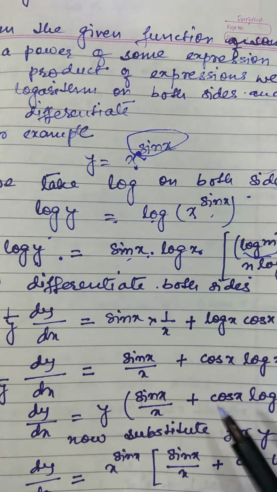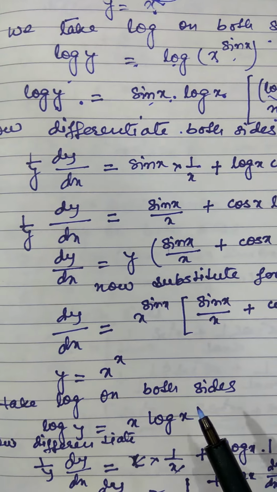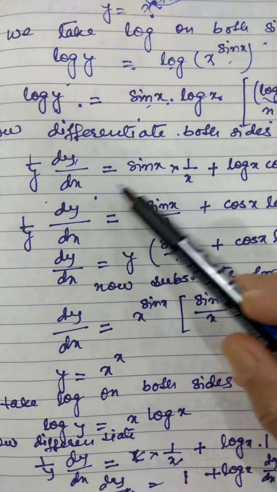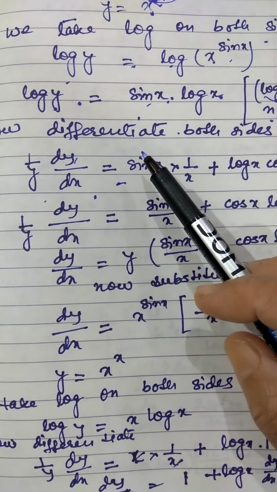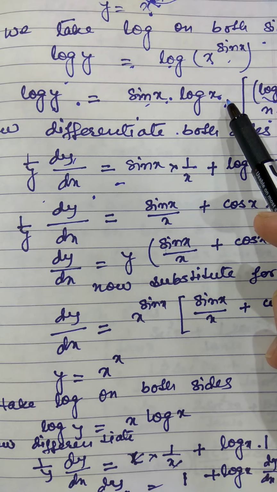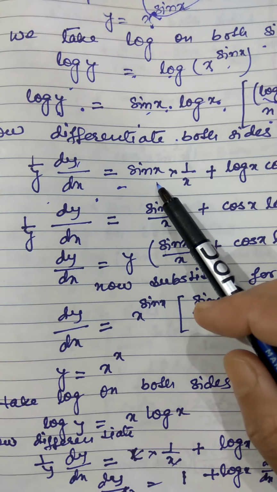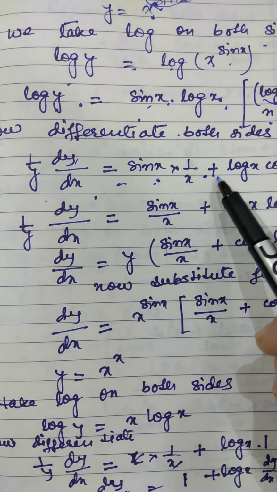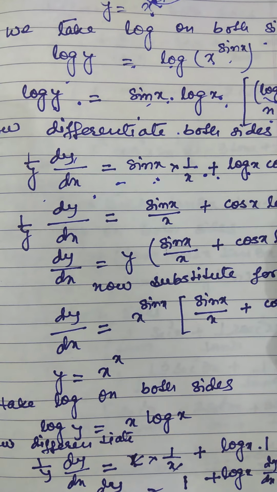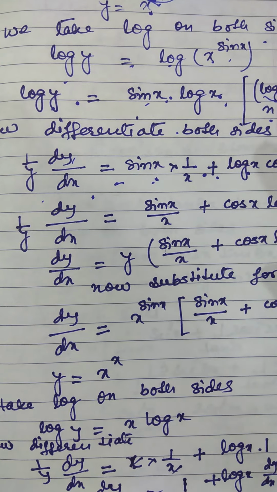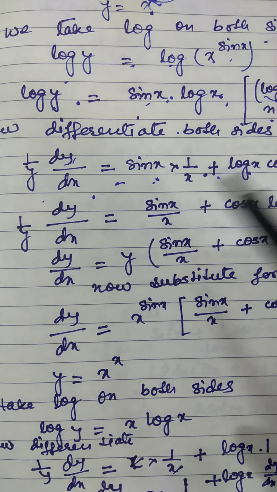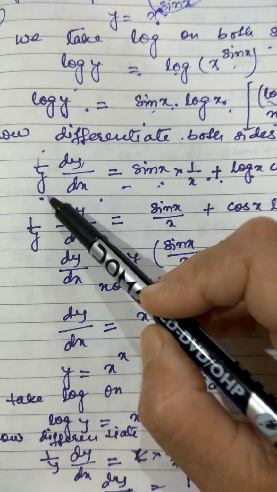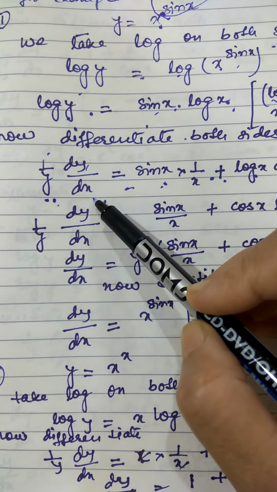Now differentiate both sides. This is 1 upon y dy by dx equals, here we are going to apply the product rule: first function into derivative of second, sine x into 1 upon x, plus second function into derivative of first. So this is differentiated. On this side, this is 1 upon y, and because we are differentiating y, this is dy by dx.